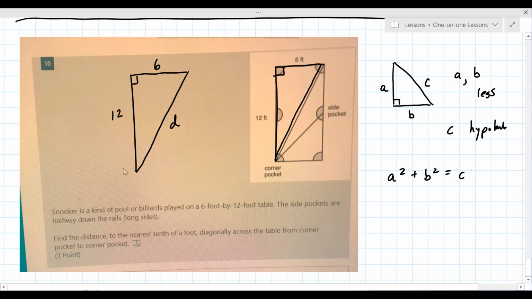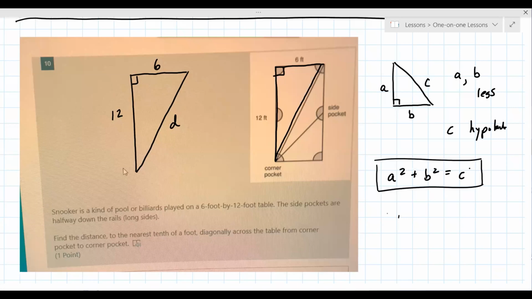So there's kind of three formulas that we've learned today. There's the midpoint, the distance, and now the Pythagorean. So your A in your problem is 6 squared, plus your B is 12 squared, equals D squared, because your C is D this time.